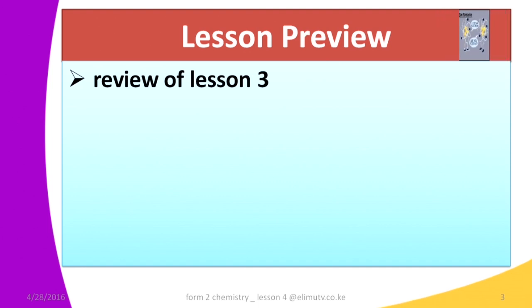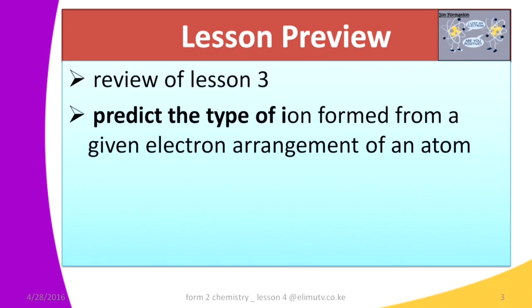So, from that discussion in lesson 3, you are able to differentiate between a group and a period. A group refers to the number of electrons that occupy the outermost energy level, while a period refers to the number of occupied energy levels in a given atom of an element. Today, in our discussion, we want to predict the type of ion formed from a given electron arrangement of an atom.